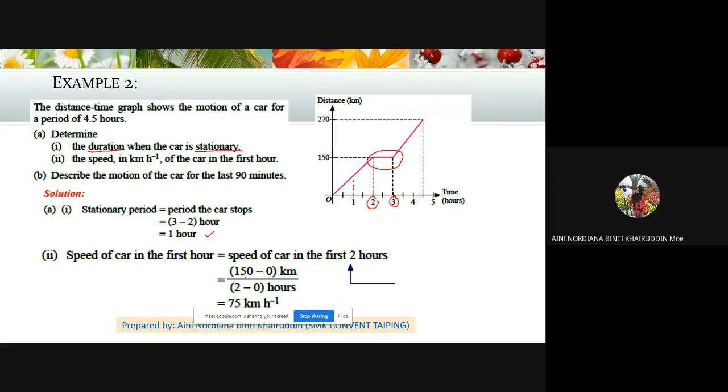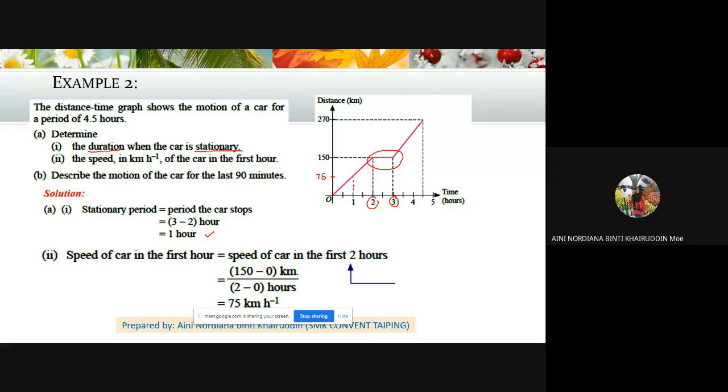So that's why dia kira 150 divided by 2 sebab at first hour ni distance dia tidak diberi. So tak boleh nak kira lah tapi sebenarnya boleh agak sebab ni uniform speed. Kan? Kalau 2 hour 150 kilometer, so kalau 1 hour mestilah 75 km which is 150 divided by 2.